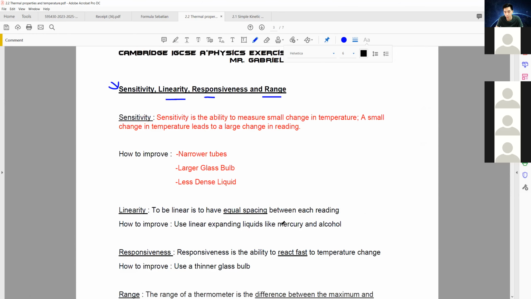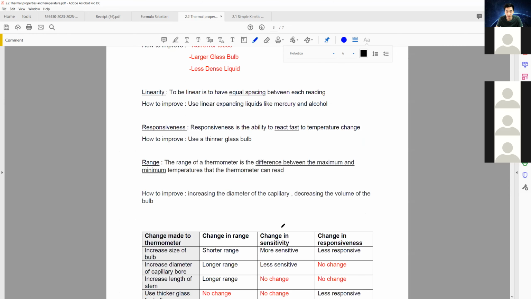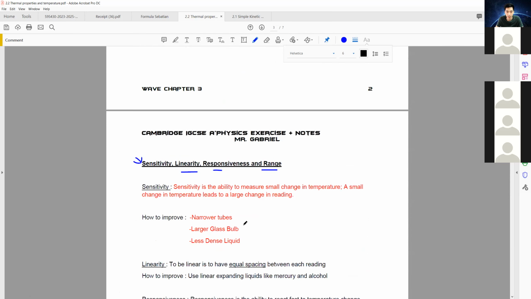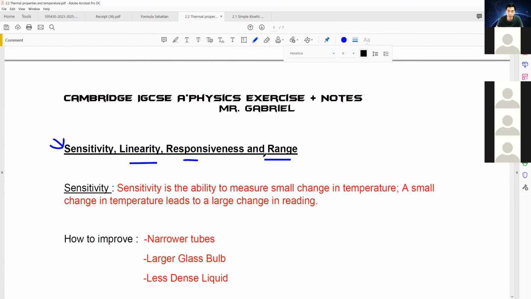Let me just give you a quick introduction of this part here, right? In terms of sensitivity, linearity, and responsiveness, each and every one of these are supposed to represent different things. If I were to put it in layman terms, sensitivity is the ability to measure small changes in the temperature.